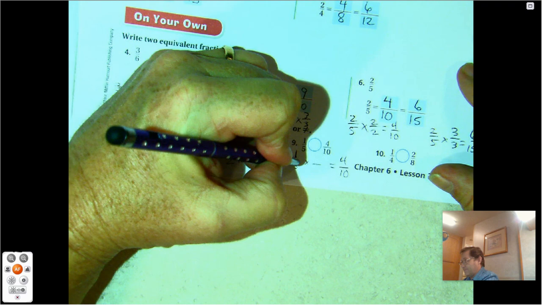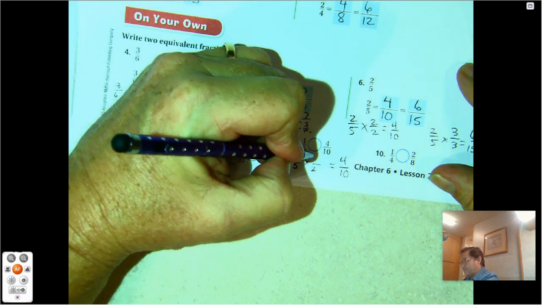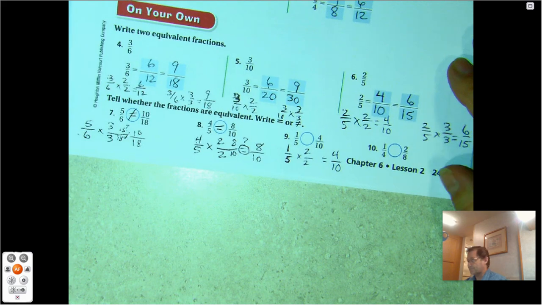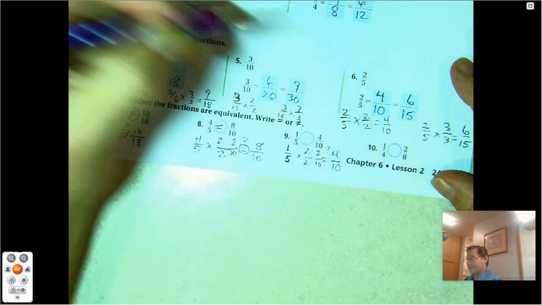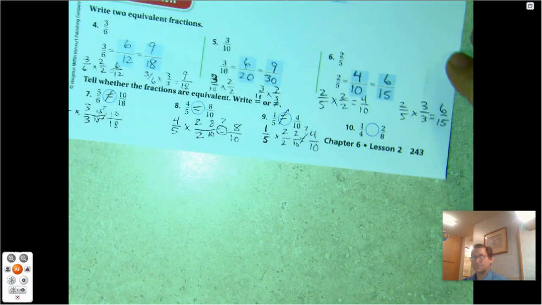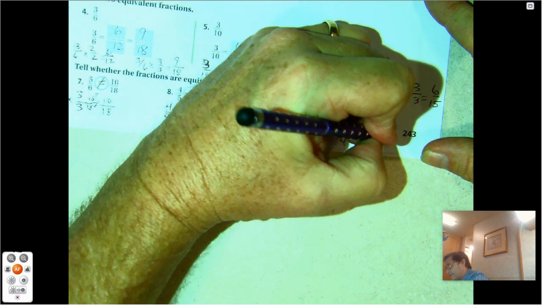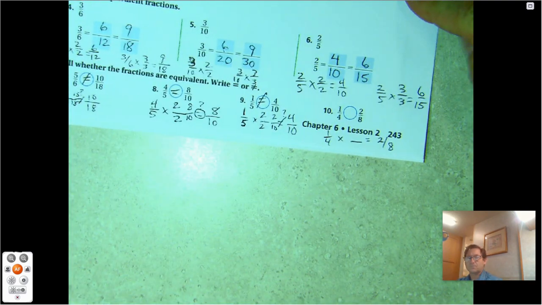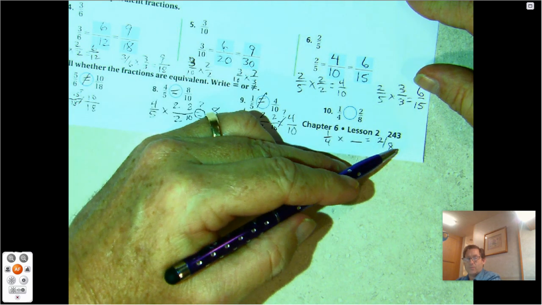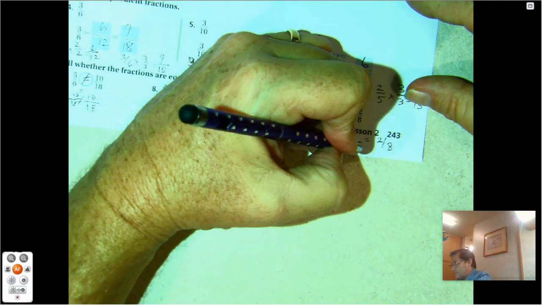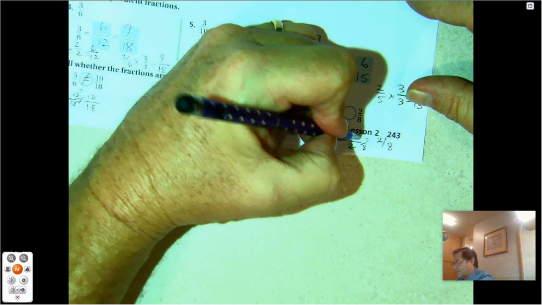I'd have to double the fifths, so I also have to double the numerator. 5 times 2 is 10, but 2 times 1 is not 4. So that is not equivalent. 1/4 times some fraction equals 2/8. To go from 4 equal parts to 8 equal parts, I'd have to multiply by 2. So I'm going to multiply by 2 over 2. 4 times 2 is 8. 2 times 1 is 2. So yes, this is equal.